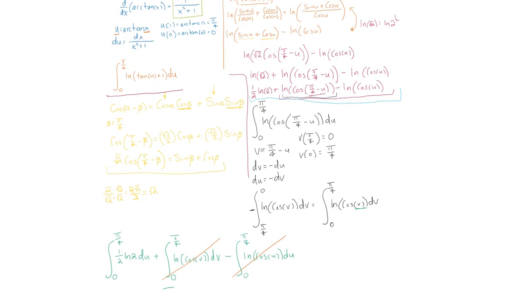So basically what this has done is it's just shifted the graph of cosine pi over 4 units to the left. And when we take the integral of that, it also shifts the bounds over 4 units to the left. So we're shifting the graph, but we're also shifting the bounds with it. And that's why these two cancel out.